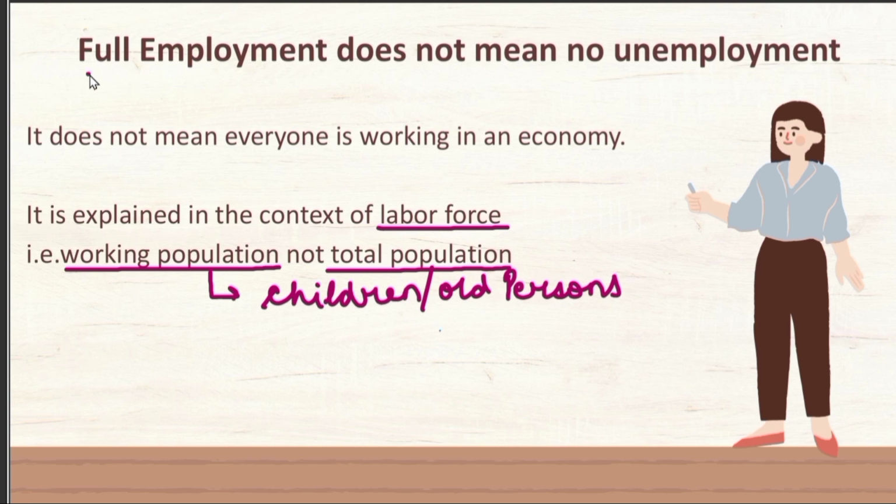So, full employment does not mean no unemployment, or zero unemployment, because there are imperfections in the labor market. So, due to the imperfections, some natural unemployment will exist even in the situation of full employment.